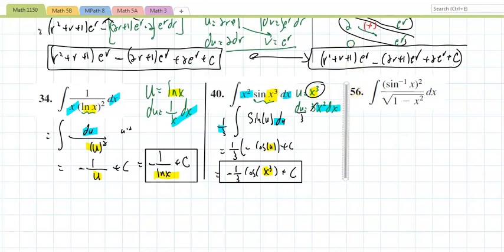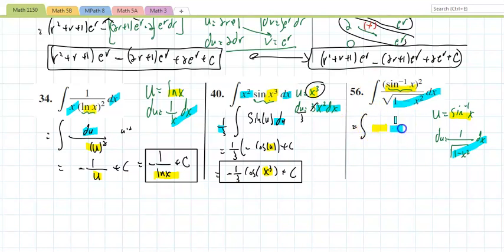If I glance at this, I just mentioned, you see a problem with an inverse trig function. That's a very easy problem. You let u equal that for starters. And what's the derivative of that? That's 1 over the square root of 1 minus x squared dx. Well, look at that. What do you know? There's my u, and there's my du. So this is the integral of u, which happens to be the sine, but it's being squared, du.